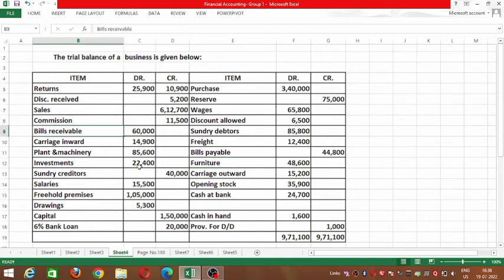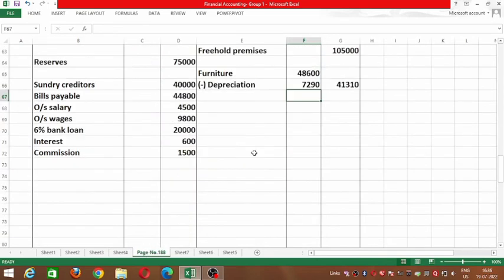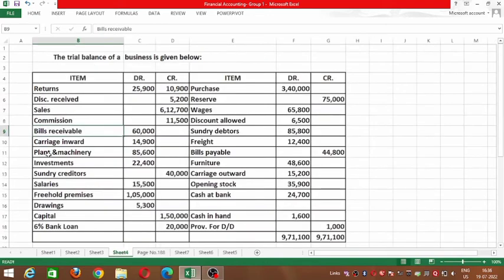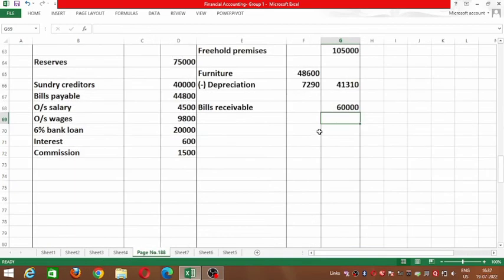Bills receivable, 60,000. Sundry debtors, 85,800.